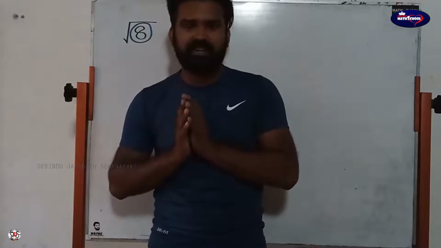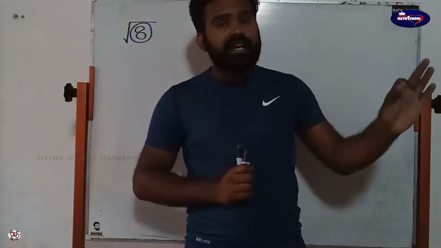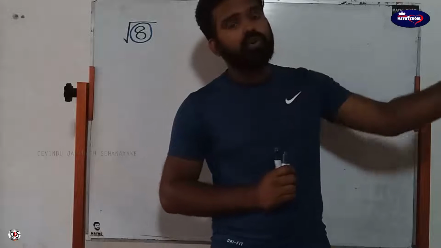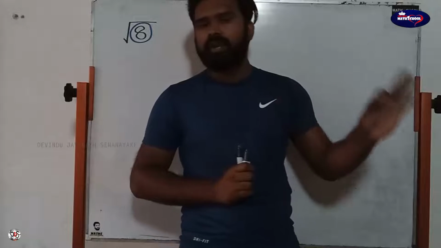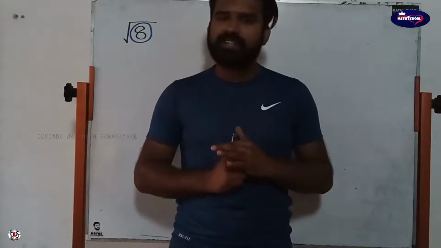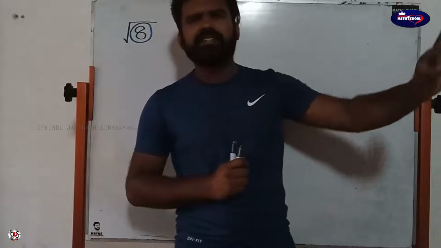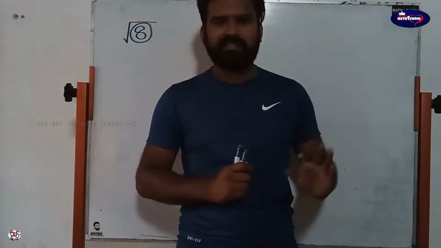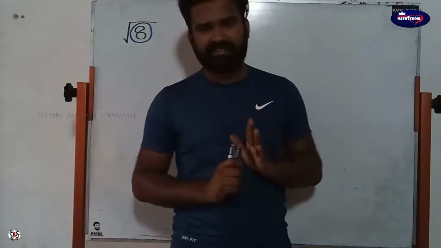So those we take as nice. All the other numbers other than 1, 4, 9, 16, all the other numbers, those things we are going to take as kata sankhya, not nice. Because if we use the radical sign, we are in trouble, that's it, right?